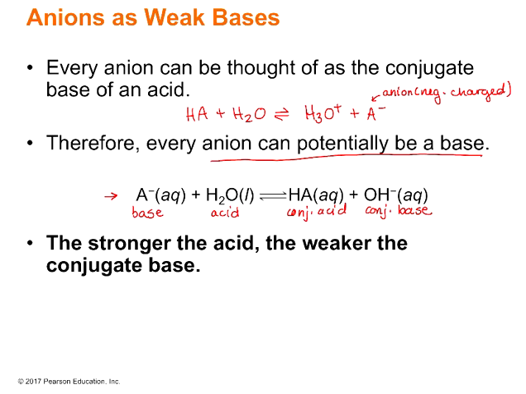So knowing that an anion can act as a base, potentially, we can also start to think about the relative strengths of those anions or those bases. And in general, the stronger the acid, the weaker the conjugate base.